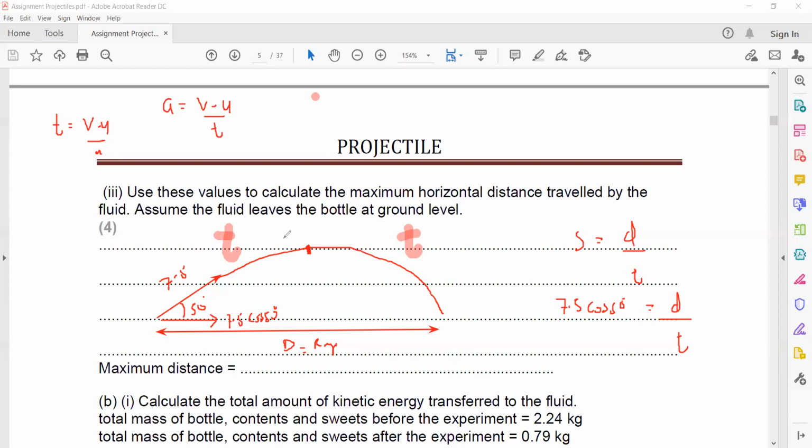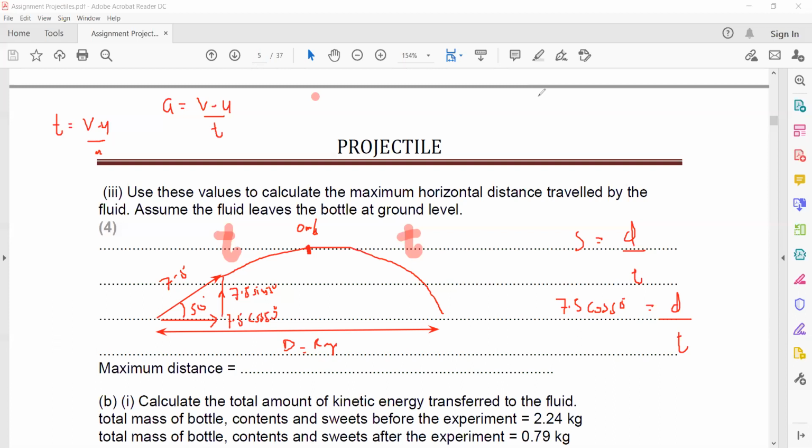So what is the change in the velocity? The vertical velocity is 0 at maximum height. And what is the vertical velocity in the beginning? That was 7.5 sine 50. So I know the initial vertical velocity and the final vertical velocity, because at maximum height the vertical velocity will be 0.